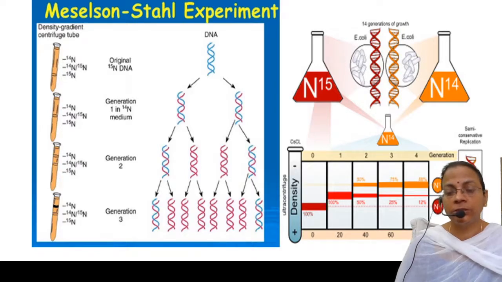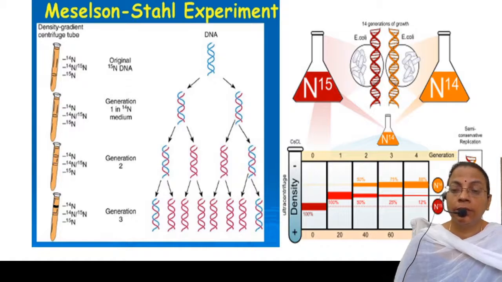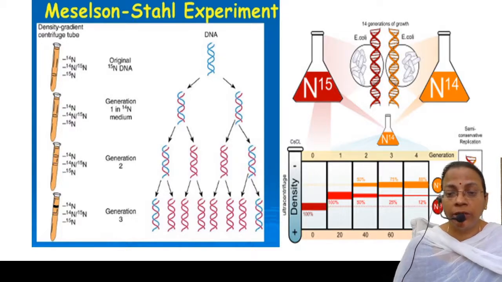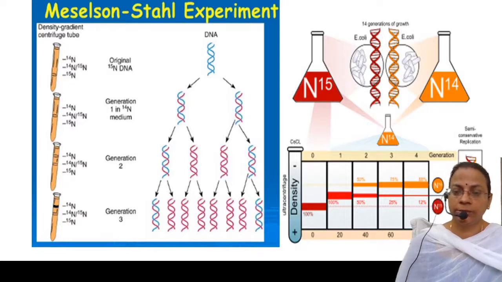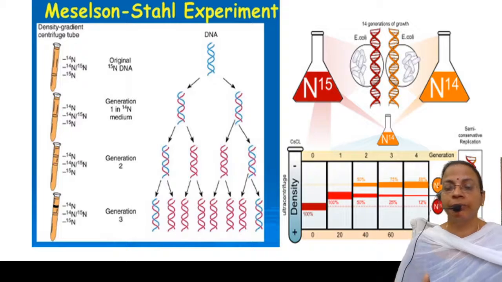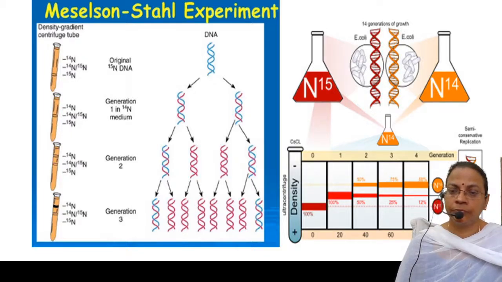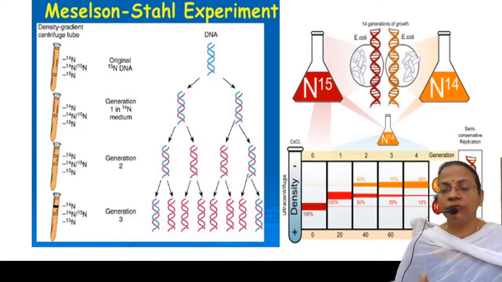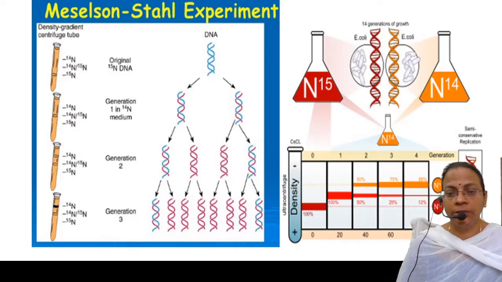So from this they concluded that when the DNA is replicating, out of these two polynucleotide strands, both strands will separate as they are. And each strand will act as the template.